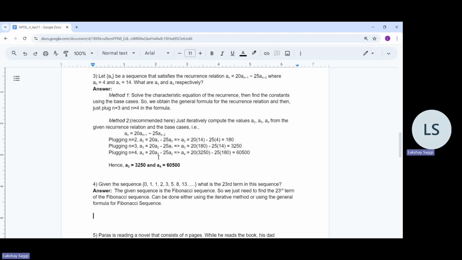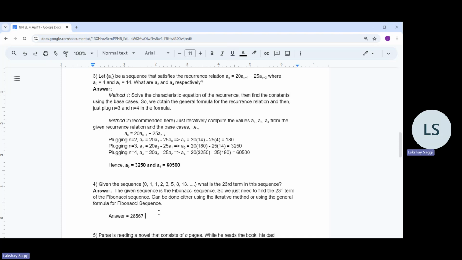For this question you can do this yourself, finding out the 23rd term. But I'll give you the answer, which should come out as 28567. I already had the answer written down for this. So this is the 23rd term in this sequence, 28567.